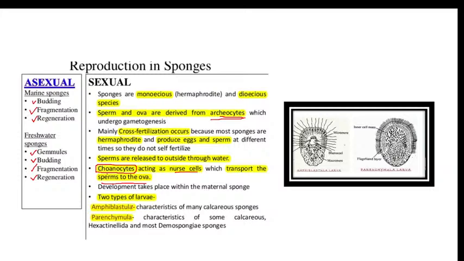Then there are two types of larval stages, amphiblastula and parenchymula. This is the amphiblastula larva and this is the parenchymula larva.